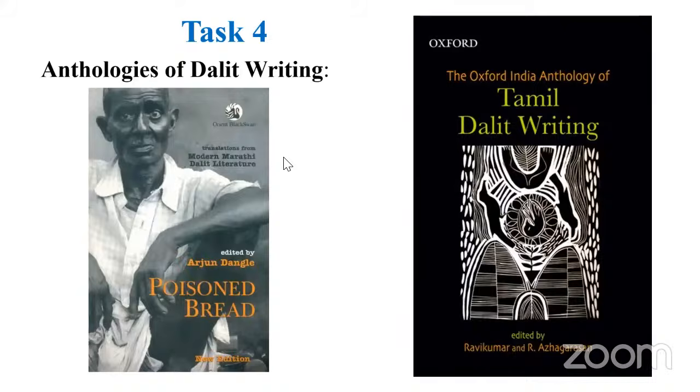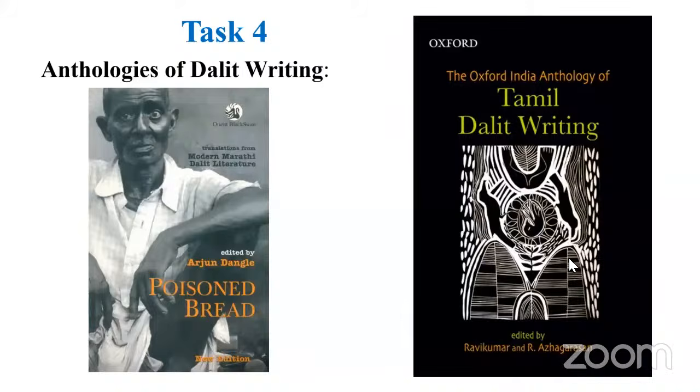If you need help, you can consult these very famous anthologies. For modern Marathi Dalit literature, we have Poisoned Bread, edited by Arjun Dangle. Then for Tamil, the Oxford India Anthology of Tamil Dalit Writing, edited by Ravi Kumar and R. Alagarasan.